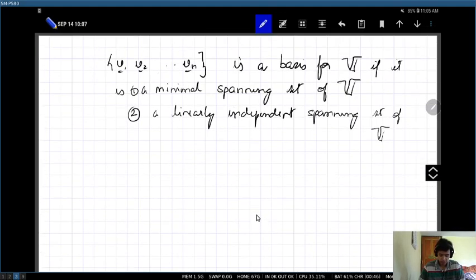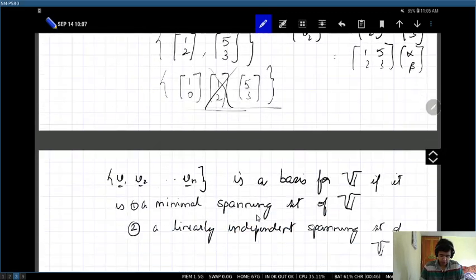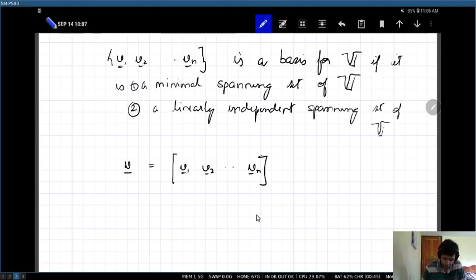So if you think about it intuitively, if you go back to the matrix representation, what is our requirement? We should be able to write any vector V as a linear combination of v1, v2 up to vn. If each of these are column vectors, then I should be able to get some coefficients.